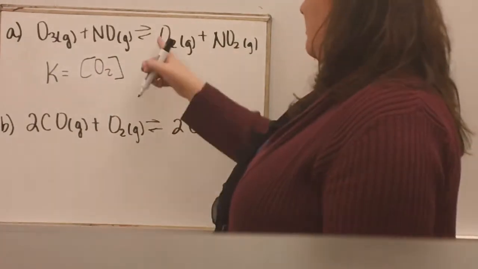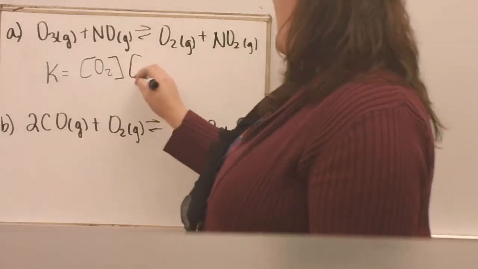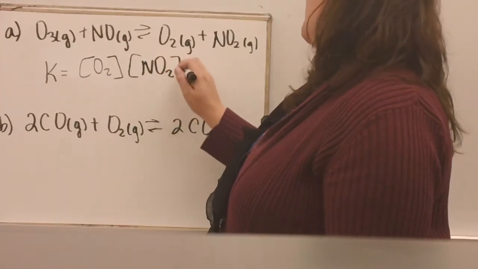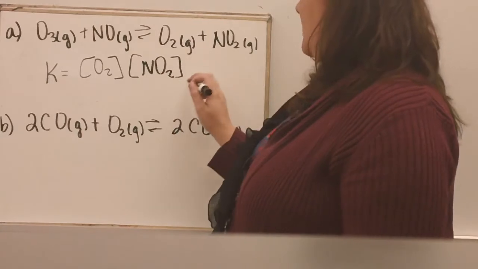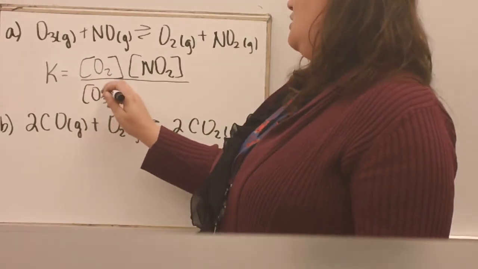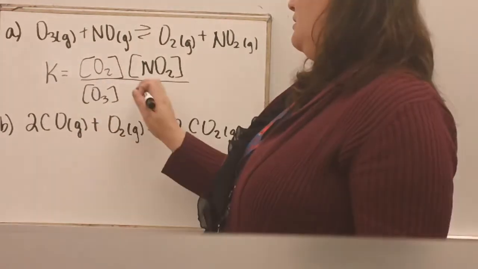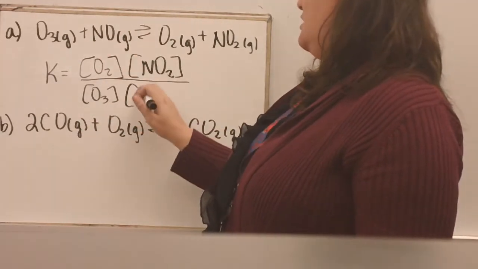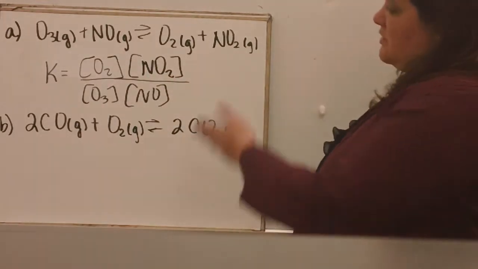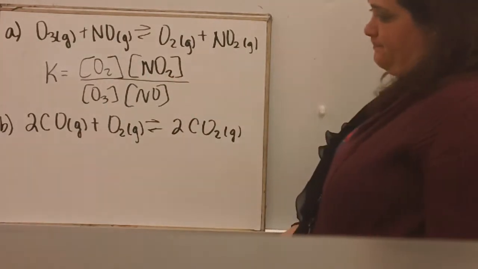So this is balanced, so the coefficient is just 1. Times the concentration of NO2 raised to its coefficient, which is a 1, divided by the concentration of O3 to its coefficient, which is a 1, times the concentration of NO to its coefficient, which is also a 1. So this would be the equilibrium expression for A.